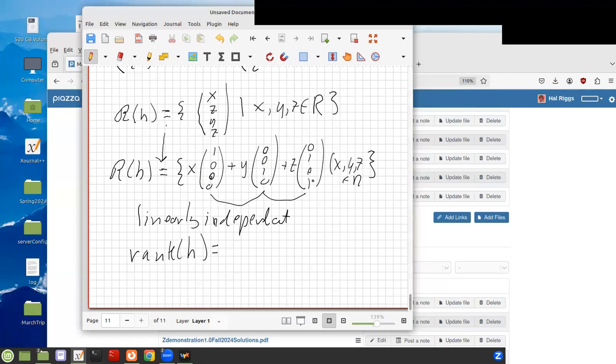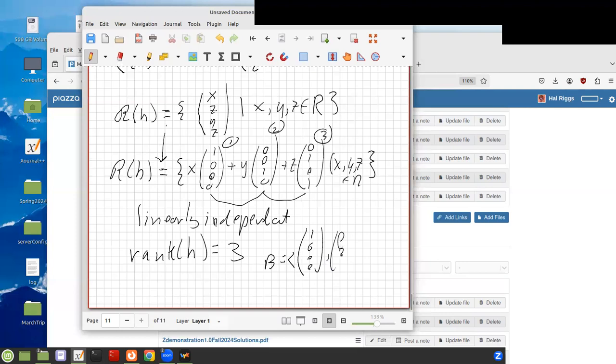There could be 1,000 components in each of these, and it would still be rank 3 because there are 3 vectors in the basis. The basis would equal (1,0,0,0), (0,0,1,0), and (0,1,0,1). That's the basis, and there are 3 vectors. There could be 1,000 components in each vector, and it's still rank 3.